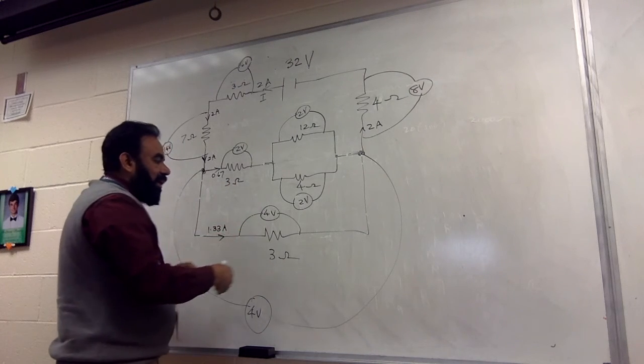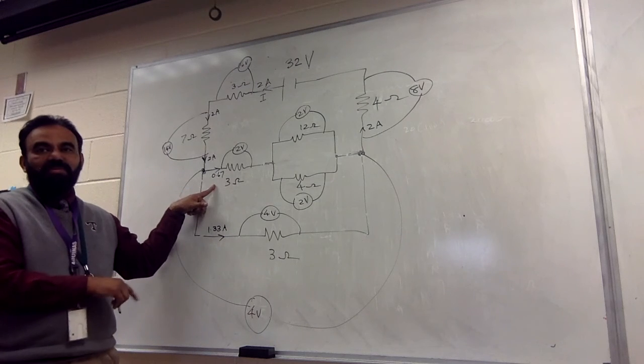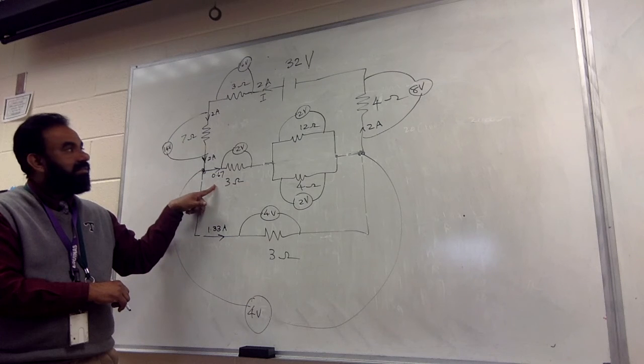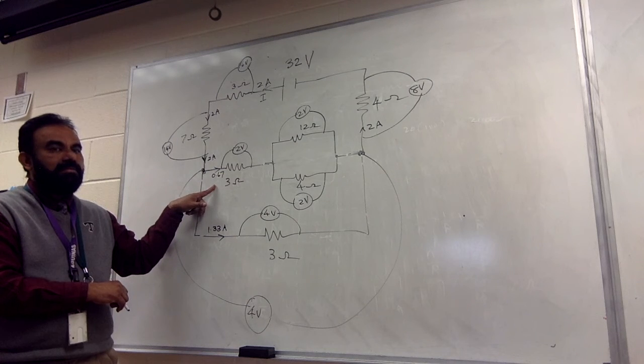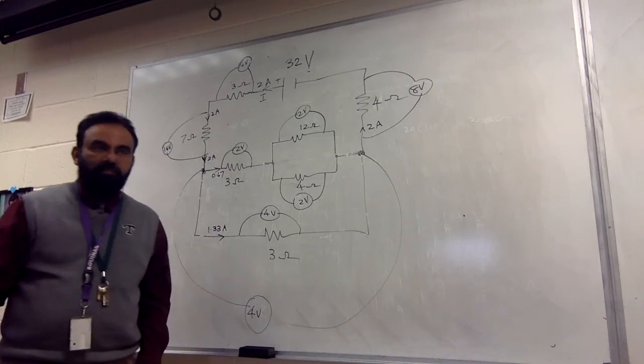And that helped you to find this current, and that helped you to discover this current. Is that what creates the power source? On this end you're sending in 32 volts, and on the other side there's nothing coming back, it's 32, 0.